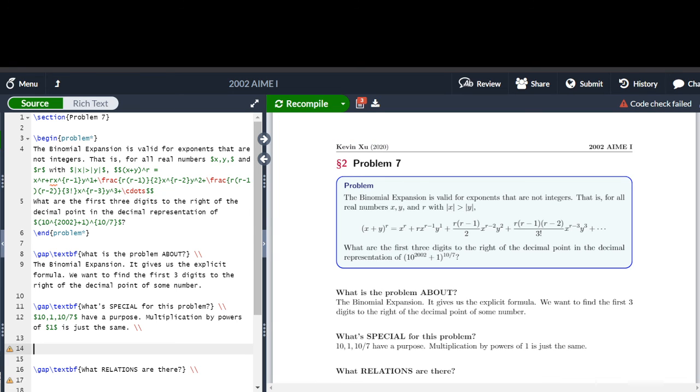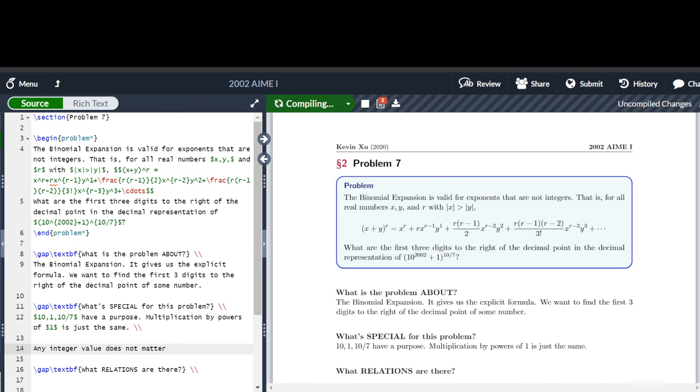And something else that's odd is the answer format. We want to find the first 3 digits to the right of the decimal point. This means that any integer value does not matter. We can just cancel it out.